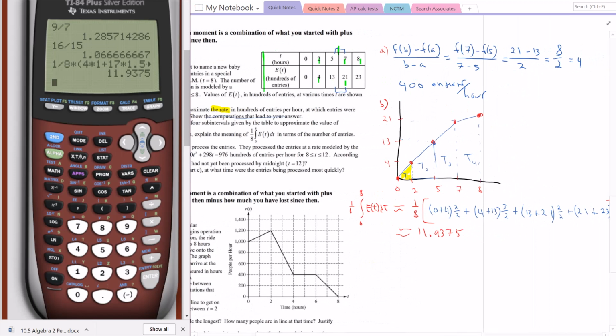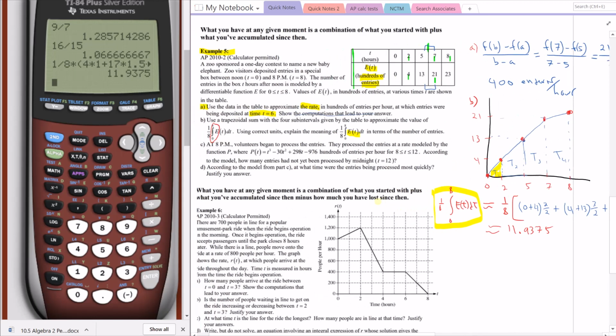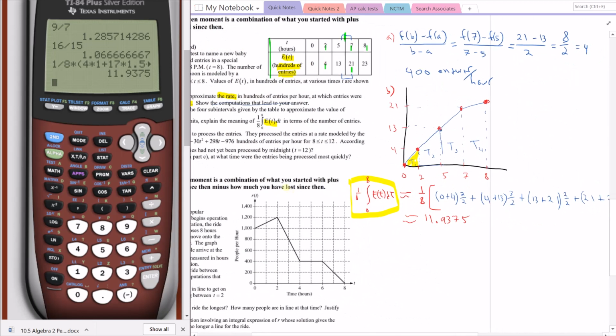So this is one of those formulas that we were looking at in class. It's the average value formula. So we took the average value of E, which is the number of people who entered the zoo, right?